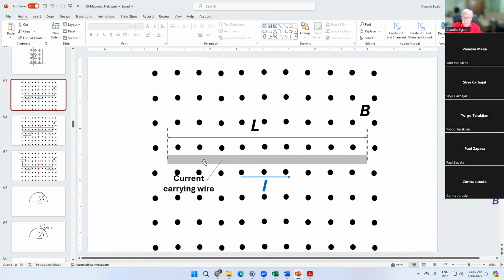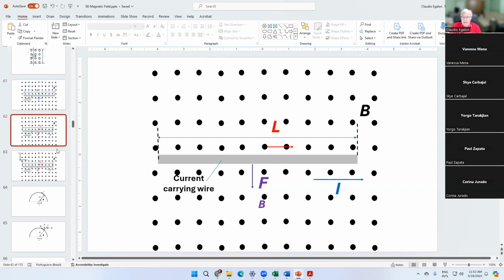We have electrons moving from the right to the left, and they are going to experience a downward force. Current from the left to the right, motion of the electrons from the right to the left. We do the V cross B, which is upward, but because we have a negative electric charge, the force must be downwards. Make sense?